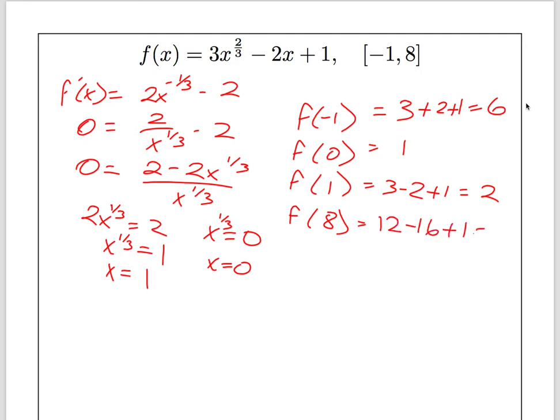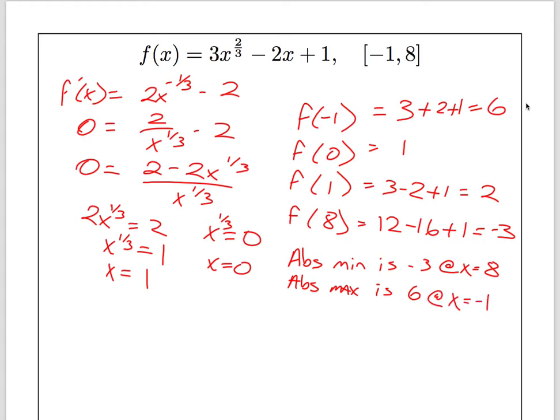And then plus 1, so that gives me negative 3. So absolute minimum is negative 3 at x equals 8, absolute max is 6 at x equals negative 1.